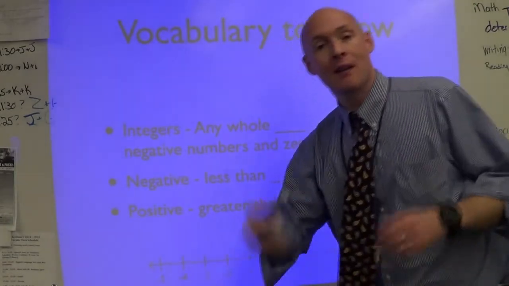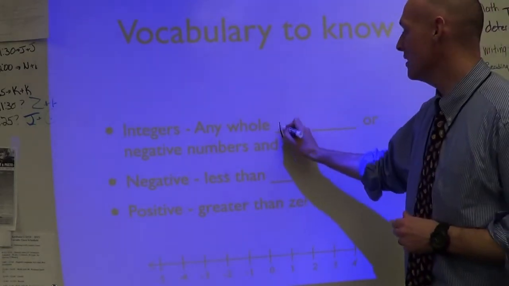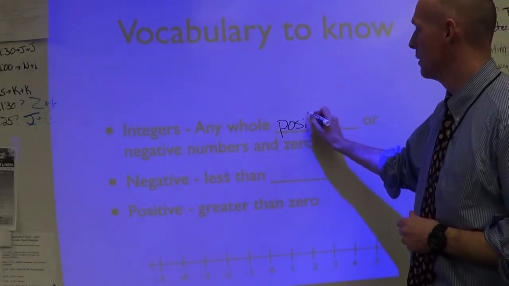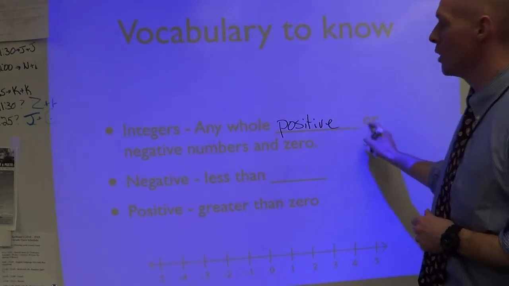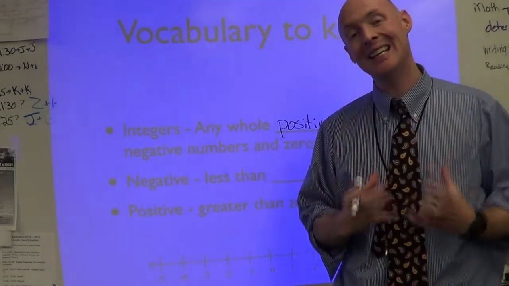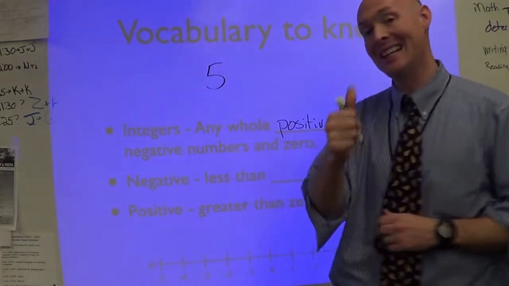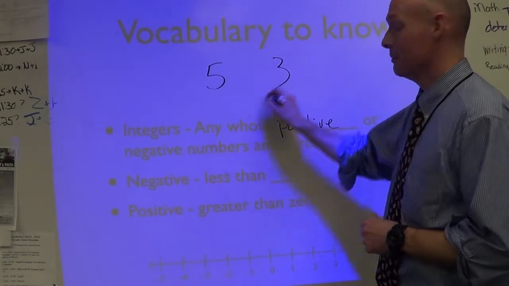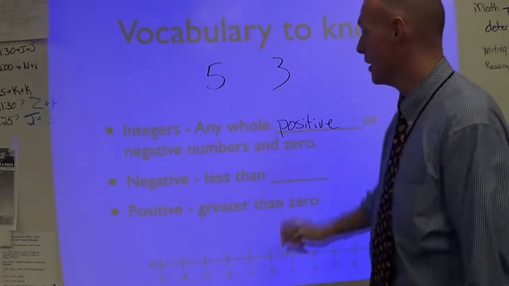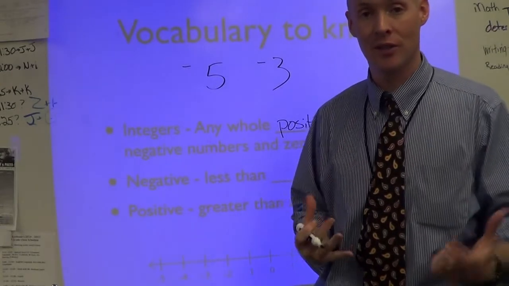Okay, so first thing, integers. Integers is any whole positive or negative numbers and zero. So the key is that it has to be a whole number. For example, 5 is an integer. 3 is also an integer. -5 and -3 are also integers.